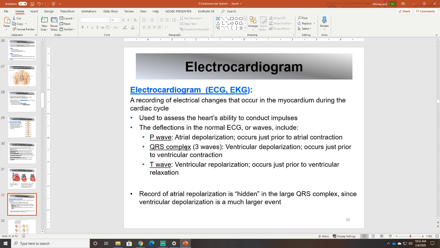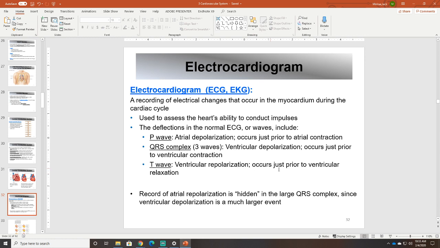The QRS complex has three waves labeled Q, R, and S, and they represent ventricular depolarization. And this again is going to occur just prior to, right before, ventricular contraction. That's followed by the T wave, okay, which represents ventricular repolarization, and that's where the ventricles repolarize.